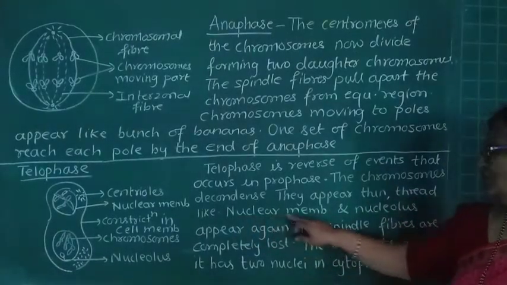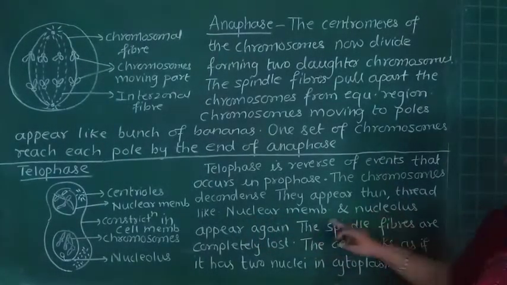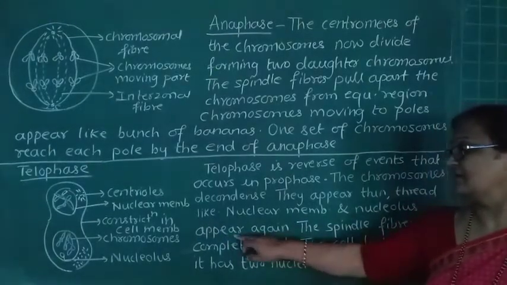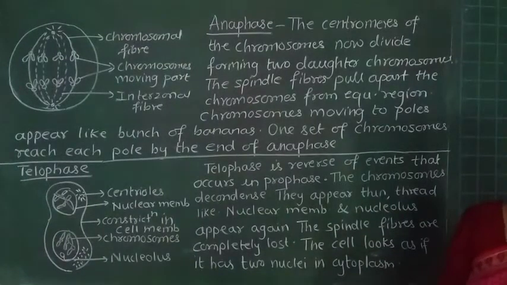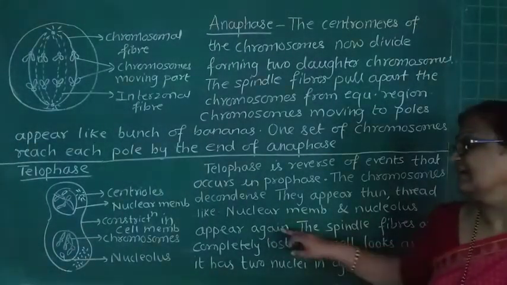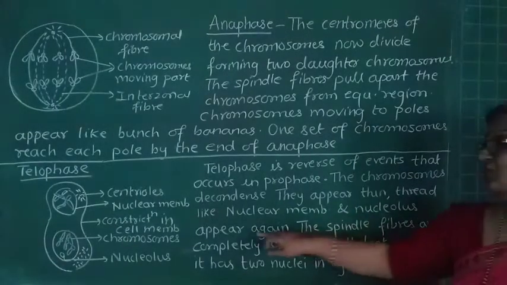Now here, the nuclear membrane and nucleolus reappear. What did we see in prophase? The nuclear membrane starts to disappear. The nucleolus also starts to disappear. We have seen it before. But here they start to reappear.